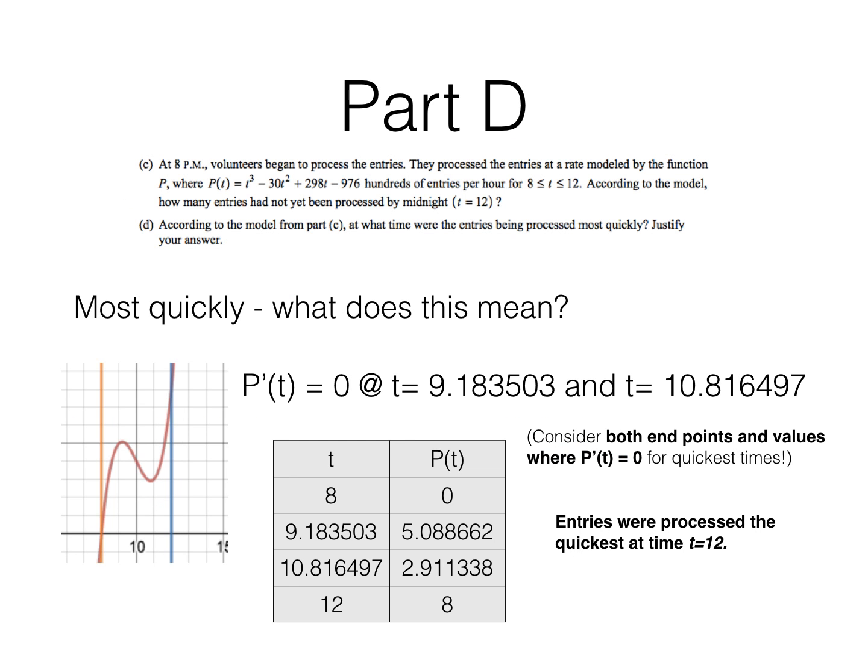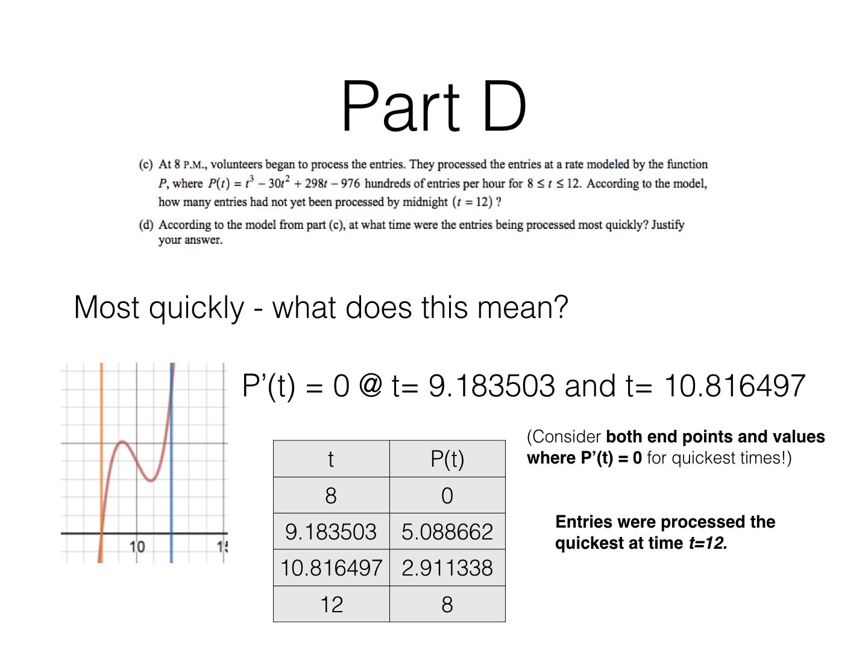All right, so now we have those two t values where the derivative of p of t is equal to 0. Once we know that, we plug those two values into p of t, and we get this little table of values here, and this is what we're going to be writing down.